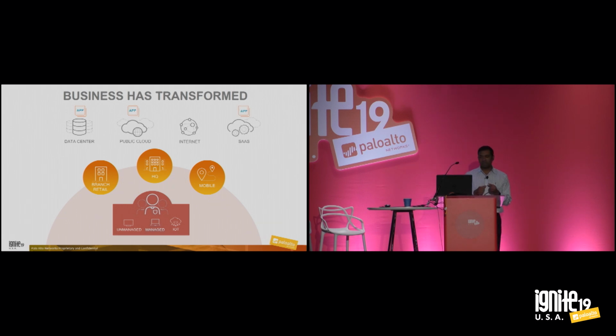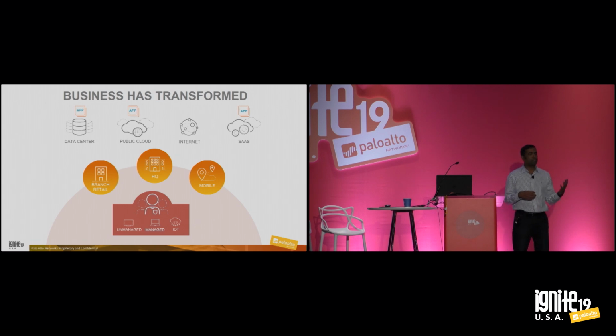You have different kinds of device mix: IoT devices, managed devices, unmanaged devices on your network. You have apps in the headquarters, in the data centers, in public cloud, SaaS, and the user has to access the internet for many of the shadow apps they use for their day-to-day work operations, et cetera. And then you have expanding global expansion from an office perspective.